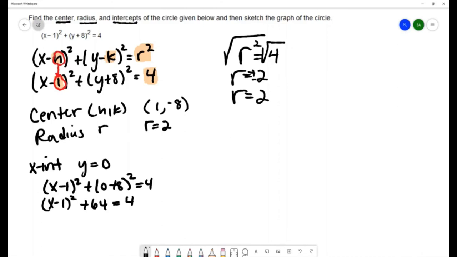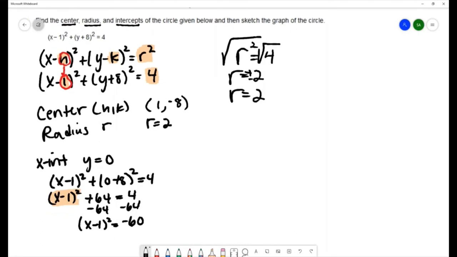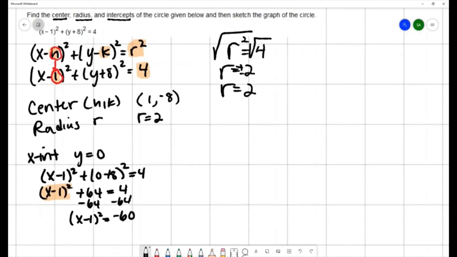I can solve this equation by isolating the square. I would subtract 64 on both sides, and that gives me x minus 1 squared equals negative 60. As I continue to solve this equation, I can see that I'm going to get imaginary solutions.